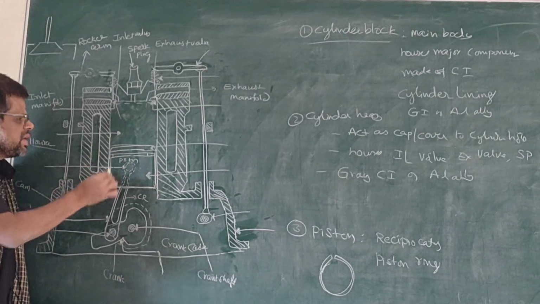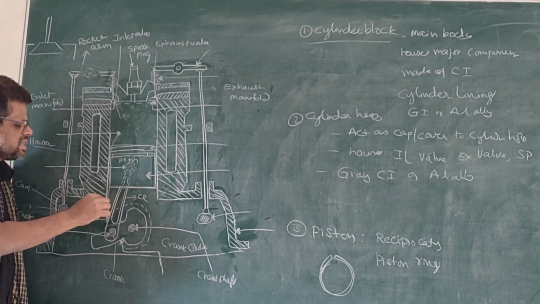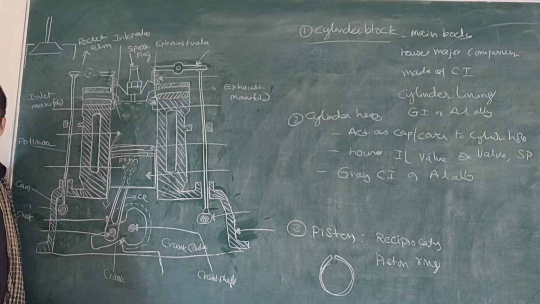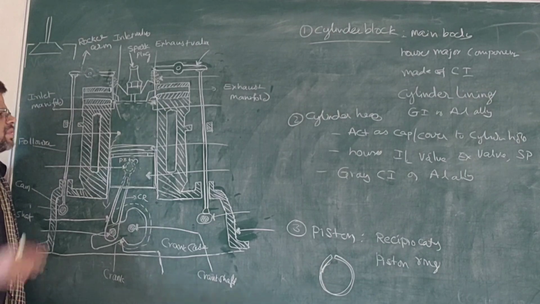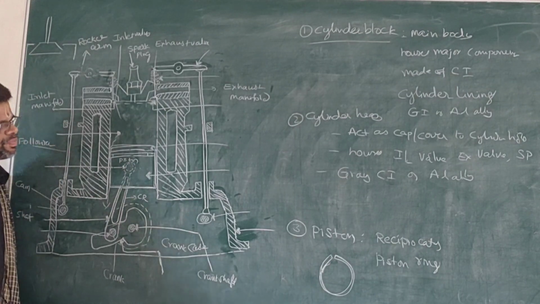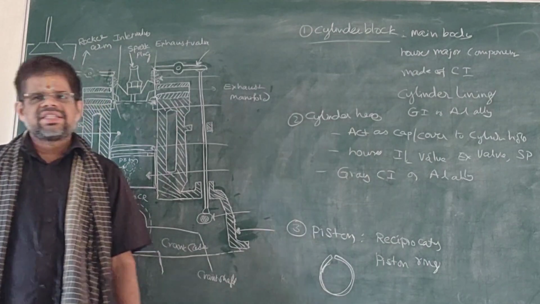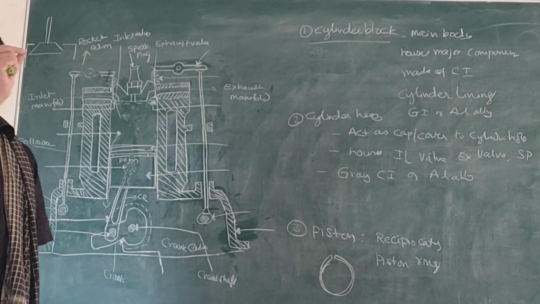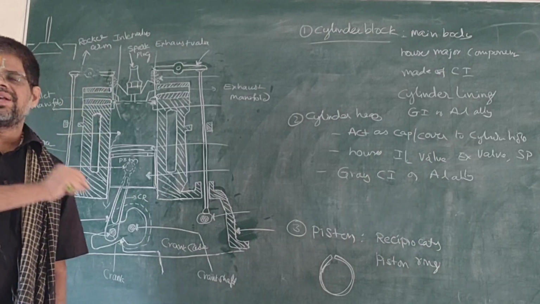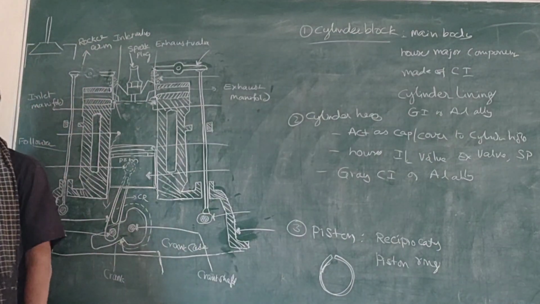So the gap will be open, so that whatever be the gases, they move into the crankcase. That's why there is a power loss. Are you following? Okay. Well, so these piston rings act as a barrier for escape of exhaust combustion gases into the crankcase, right?